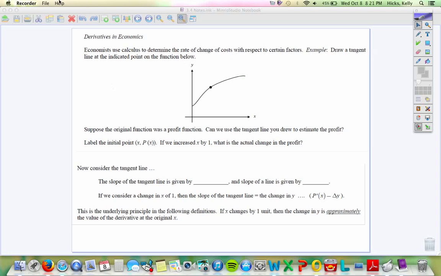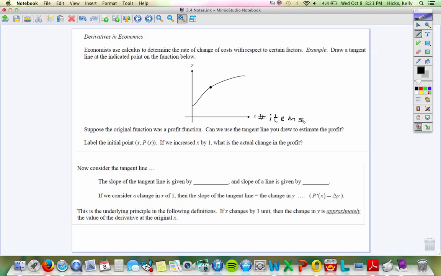Let's assume that this axis right here, the x-axis, is the number of items produced. Number of items. And the y right here is the money, the profit that is created with each item.